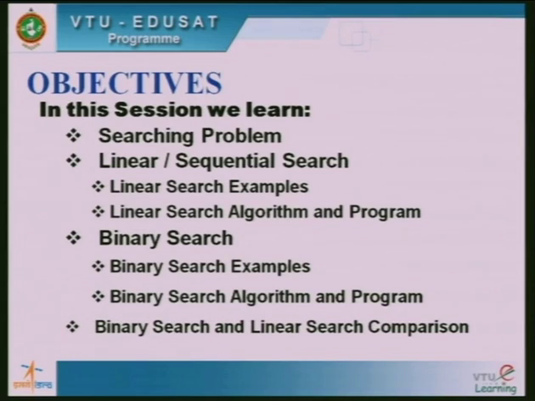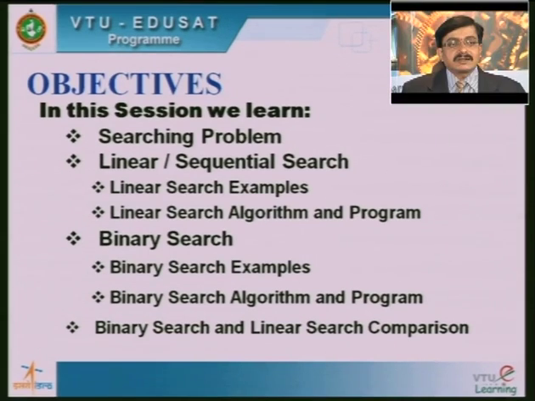In this session, you will be learning the basic problem of searching, and we will see that basically two different methods are used here, the linear search and the binary search. First, we will see the concept of linear search, which is also called sequential search. After that, we will see linear search examples, then the linear search algorithm, and how to transform an algorithm into a program.